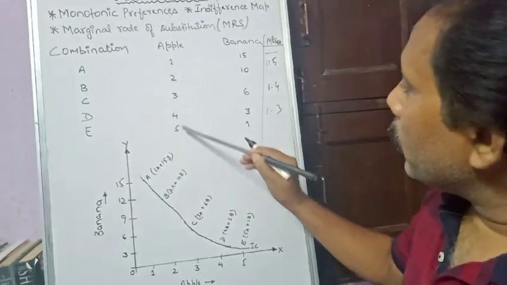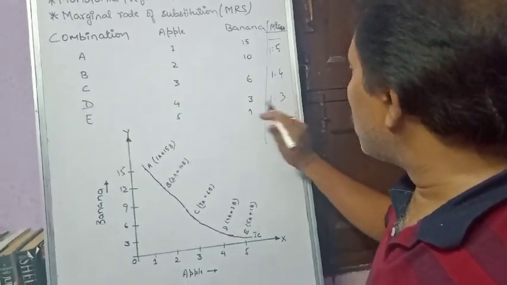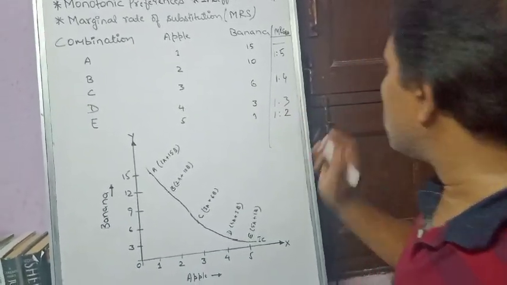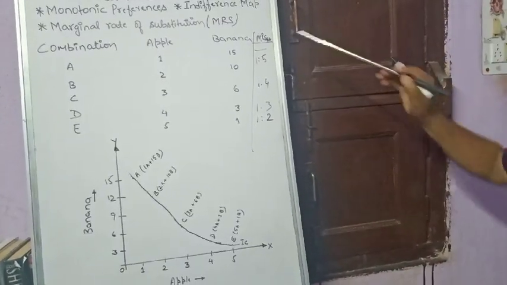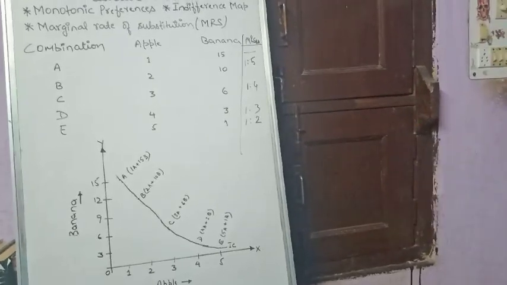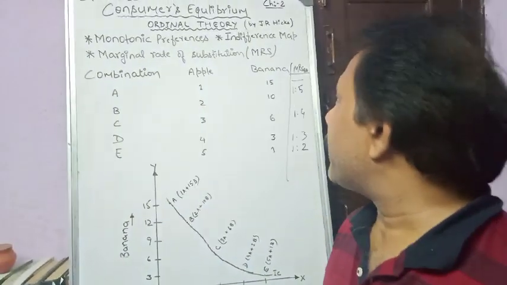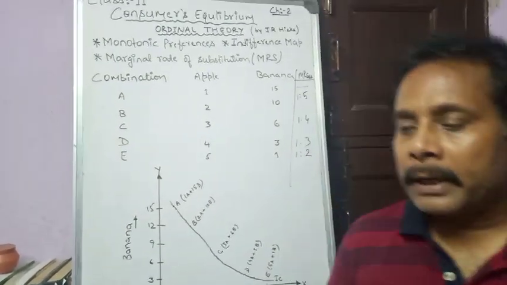Now 4 to 5, 1 apple, and 3 to 1, that is 1:2. So what we find is that MRS_BA is continuously declining. One question may be asked: why does MRS continuously decline?